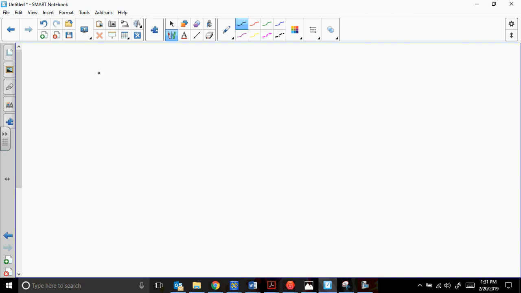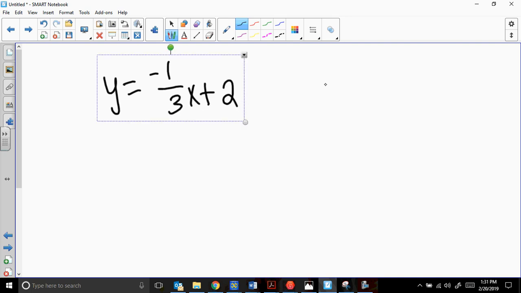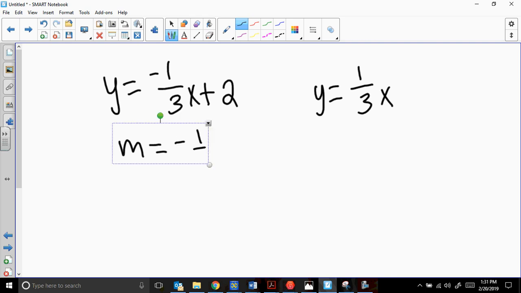So let's try another one. We have y is equal to negative 1/3 x plus 2, and then we have y is equal to just 1/3 x. Again, let's identify the slope. The slope here is negative 1/3, and the slope here is a positive 1/3.